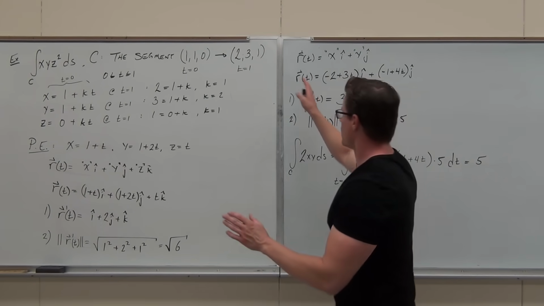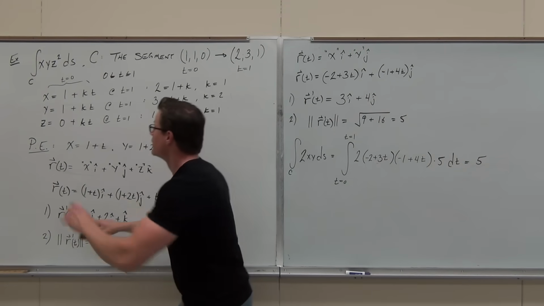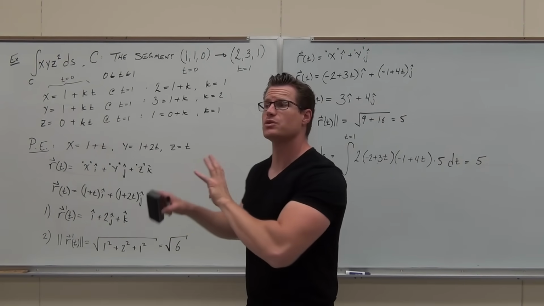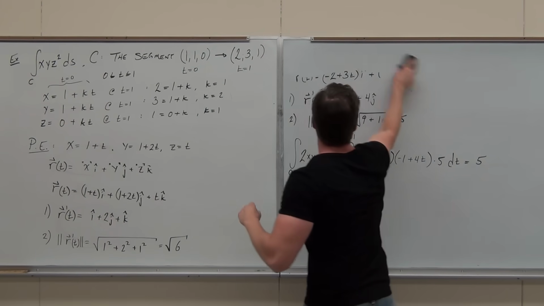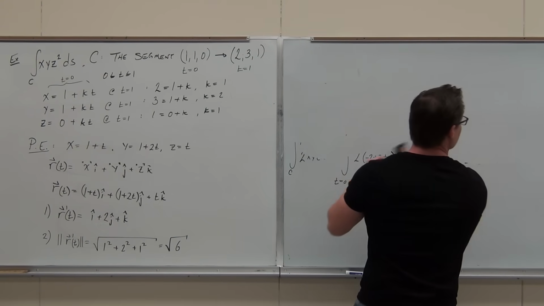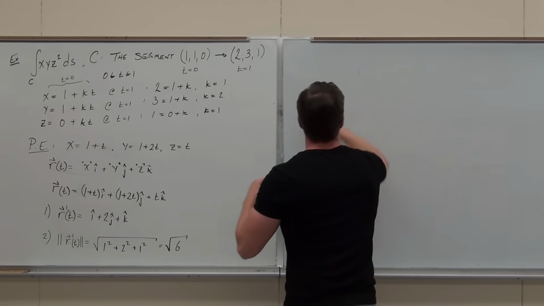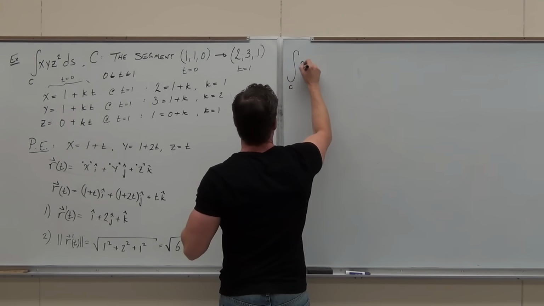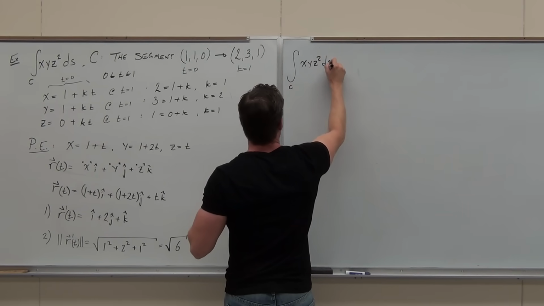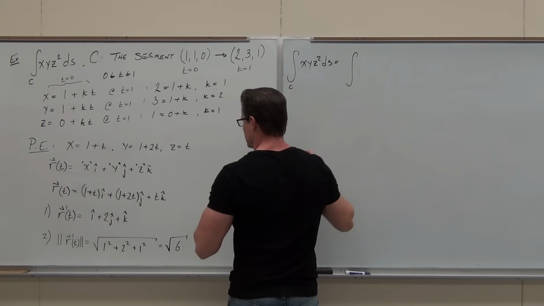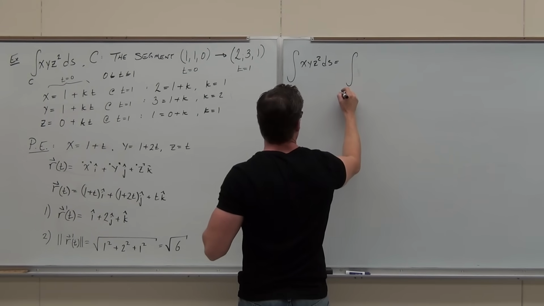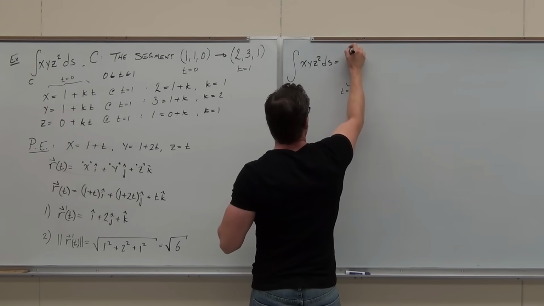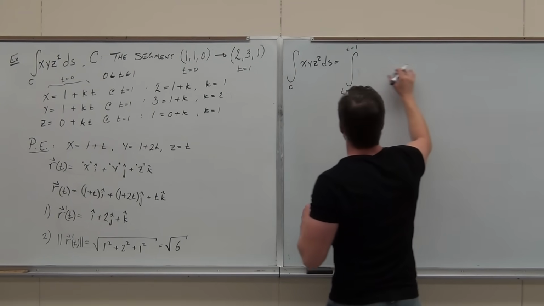Okay, for the last step, I want you to translate this integral, this line integral, into something we can actually do with a t variable. Where do we start? Oh, 0. What has to go in here?